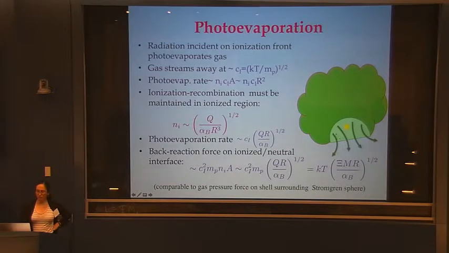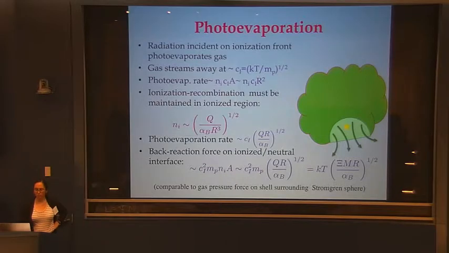But this region is basically part of an H II region, so you can still say that the density in that ionized gas should scale in the usual way with the ionizing photon rate and the size of that H II region. If you put this in here, that gives you this photoevaporation rate.